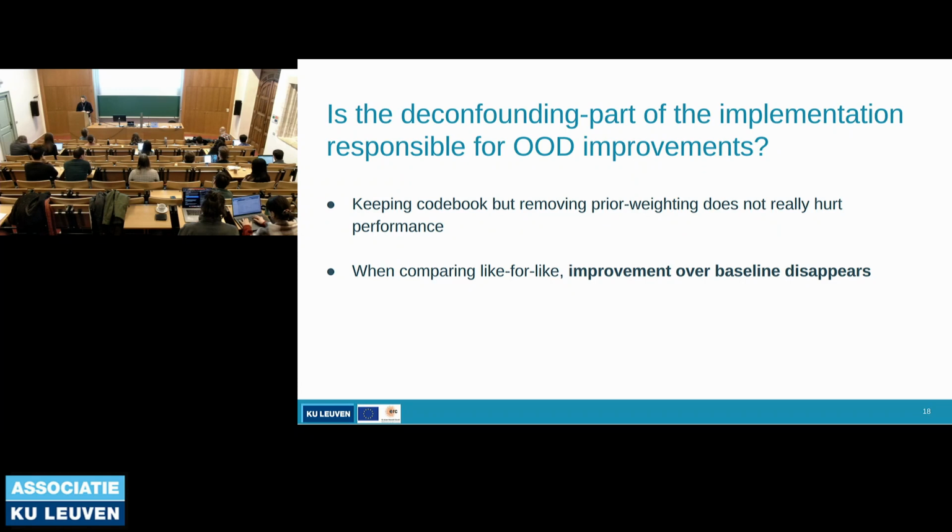And then finally, what was also a bit disappointing is that in the ablations we did, like keeping the codebook but removing the prior weighting, or even comparing to the baseline, which doesn't use any of this, on a more like-for-like basis, we saw that most of the improvement disappears.